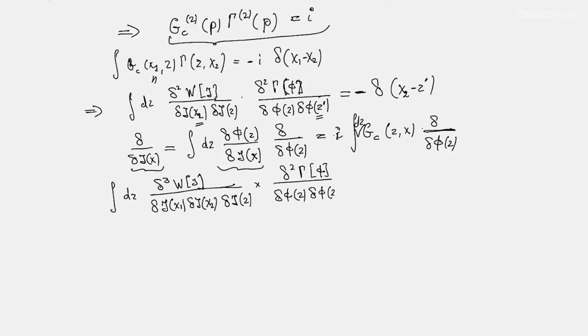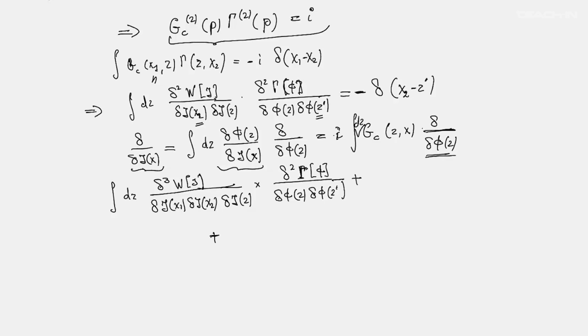Plus, by the Leibniz rule, I have now to take this variational derivative and act on the second variational derivative of gamma. But then I will use this formula, because that replaces variation over j by variation over phi, which is convenient for me. And so I will get another integral, dz.